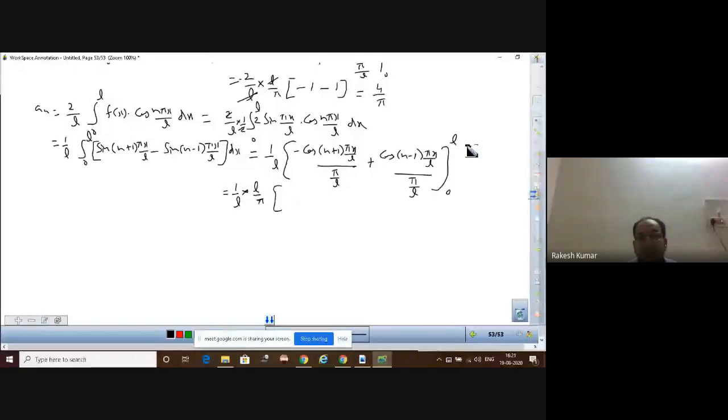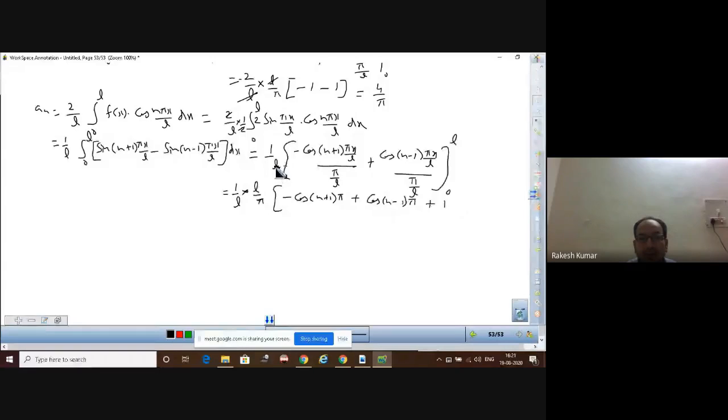For upper limit L, this will give you minus cos of n plus 1 into pi, plus similarly you will get cos of n minus 1 into pi, and for the lower limit it will give you plus 1.